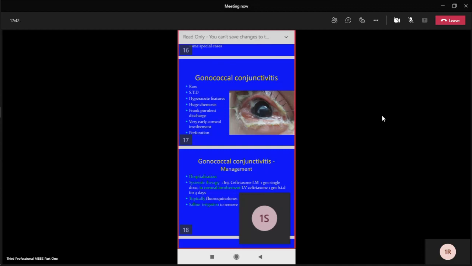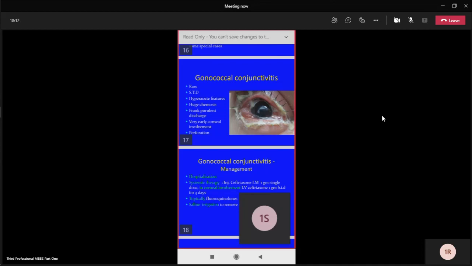Usually, we admit the patient with some systemic therapy, injection ceftriaxone, intramuscular 1 gram in a single dose. If there is corneal involvement, IV ceftriaxone 1 gram BD for 3 days with topically, frequently instilled fluoroquinolone like norfloxacin or moxifloxacin.